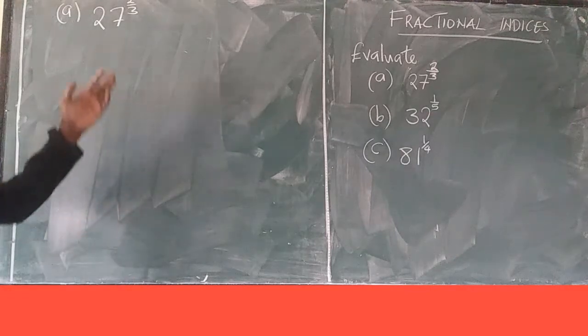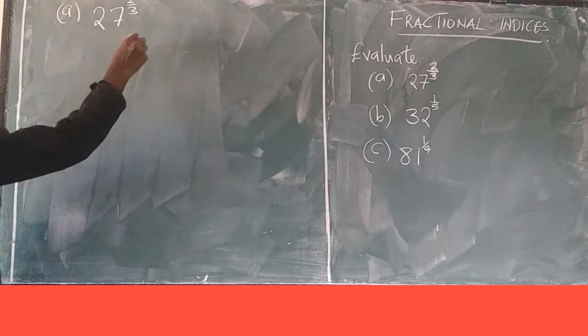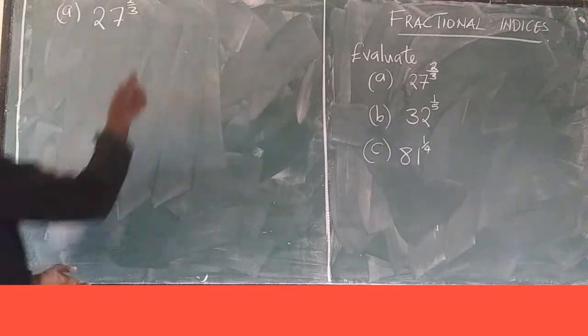So we're going to evaluate the first one, which is 27 to the power 2 over 3. Now when you have a fractional power, the first thing that you do is to introduce what we call the radical sign, which sometimes we call the square root.